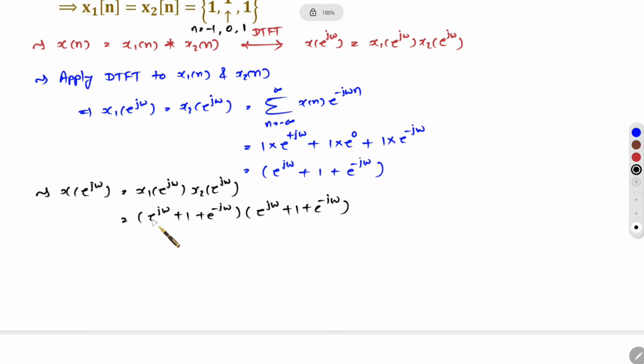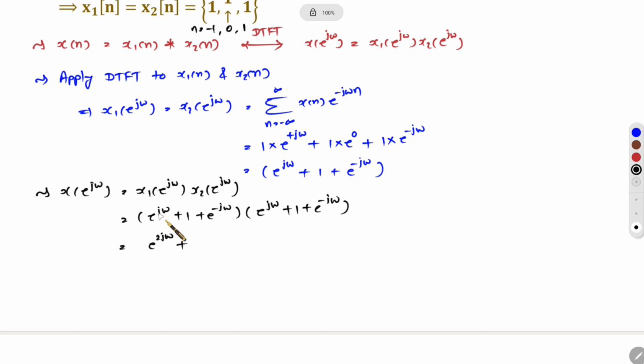Now here we need to simplify this multiplication. So here, see, e to the power j omega into e to the power j omega, that is e to the power 2j omega, right? So with e to the power 2j omega, we have coefficient 1 over here. Then we need to observe e to the power j omega terms.